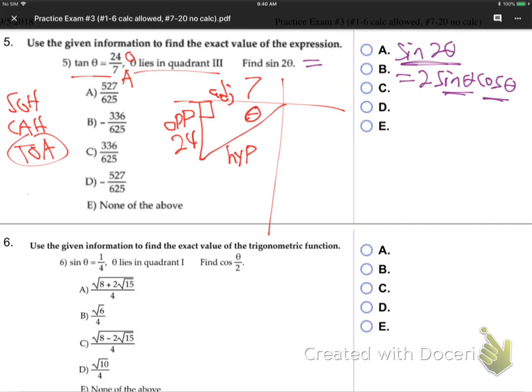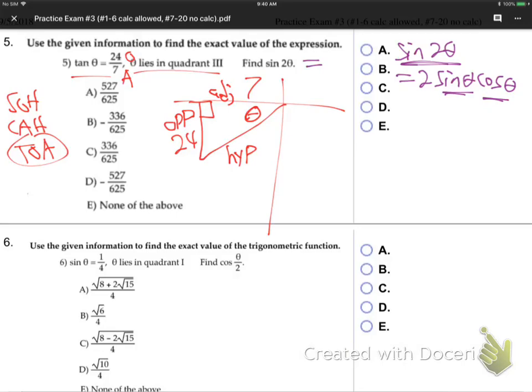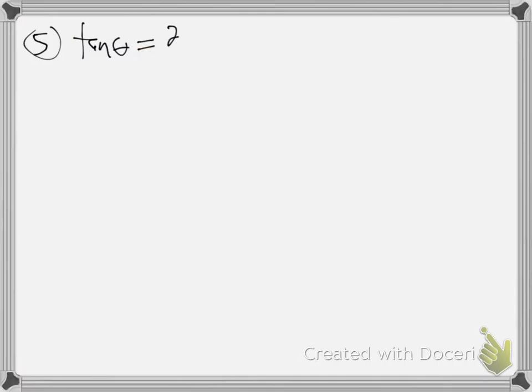All right? I set up the triangle, quadrant 3. Now I've got to find the other side, the hypotenuse, do the Pythag work. I just don't have room. I was hoping I could squeeze it in, but it's not so. So let me rewrite it. Tangent of theta is 24 over 7. Theta is in quadrant 3.